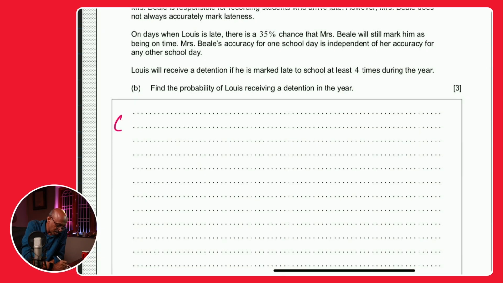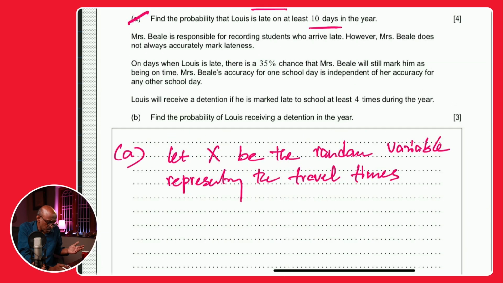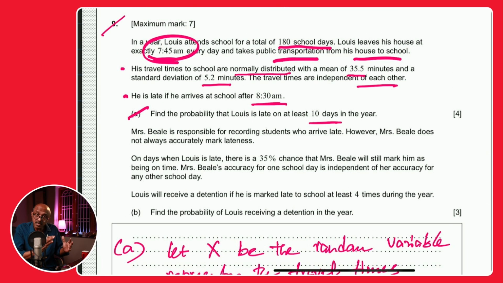So what I'm going to do is that in part A, I'm going to say, let X be the random variable representing the travel times. I'm trying to use as far as possible the vocabulary given in the question.